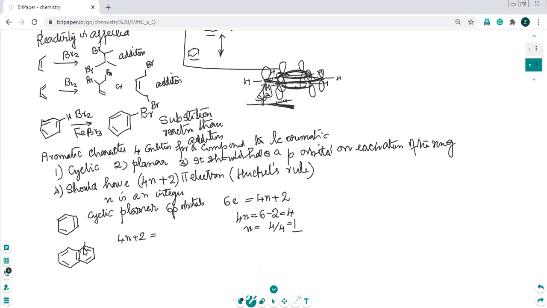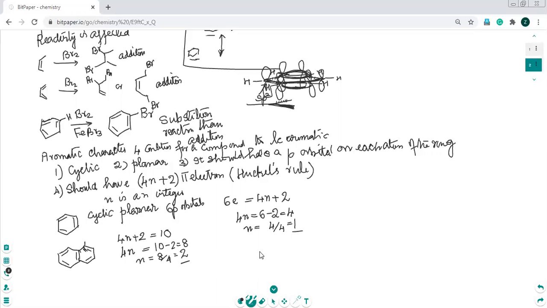Count the number of electrons inside: 2, 4, 6, 8, 10. There are 10 pi electrons in the system. So 4n equals 10 minus 2 equals 8. n equals 8 upon 4 equals 2, an integer. Clear?